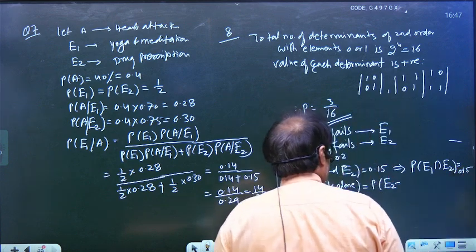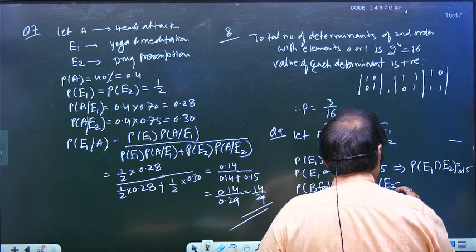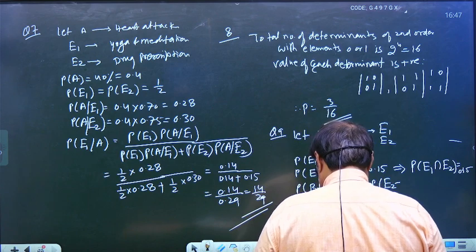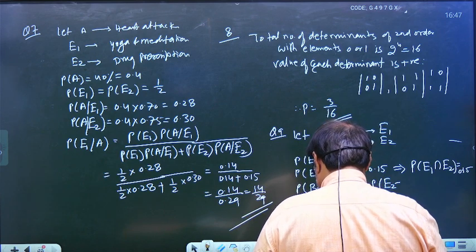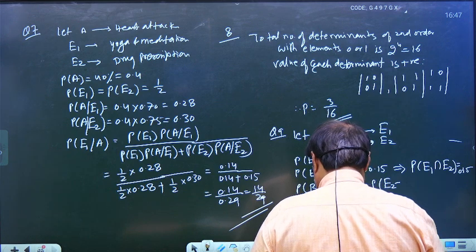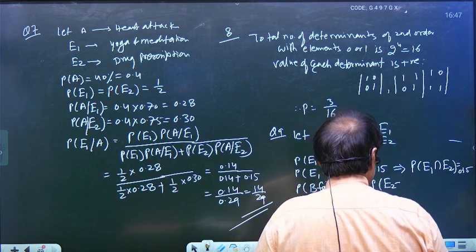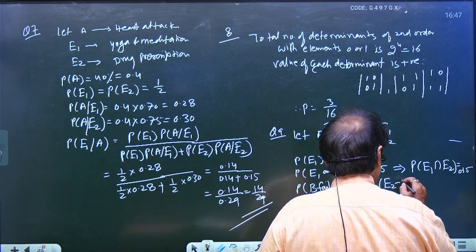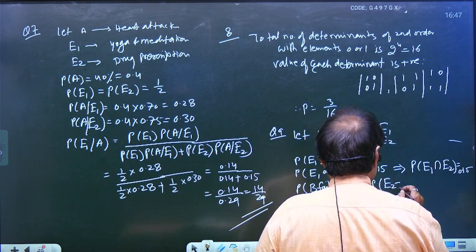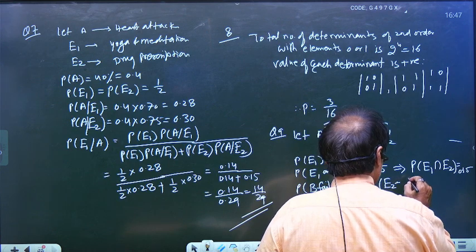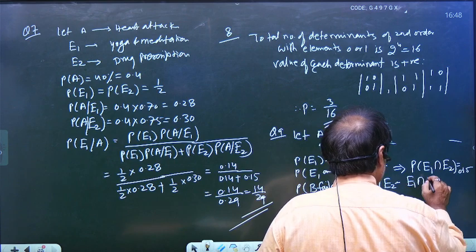Okay, so probability of E2 minus E1 intersection E2.